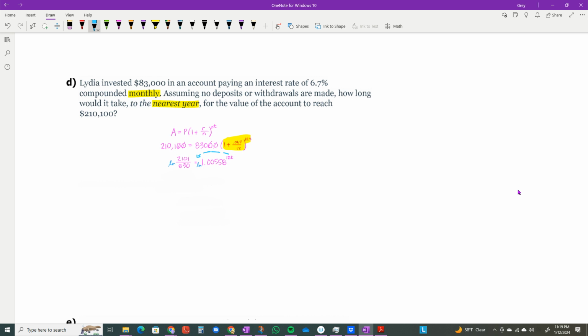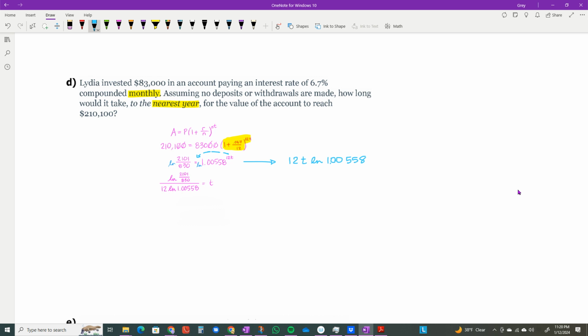And then, y'all always do this to me, so I'll do it to you. Skip. So t is equal to what's on the left is on the top, ln 2101 over 830. And then I'm going to have the ln of the 12 times ln. So if you're getting confused, y'all, this right here when you move it in front looks like this: 12t ln of 1.00558.